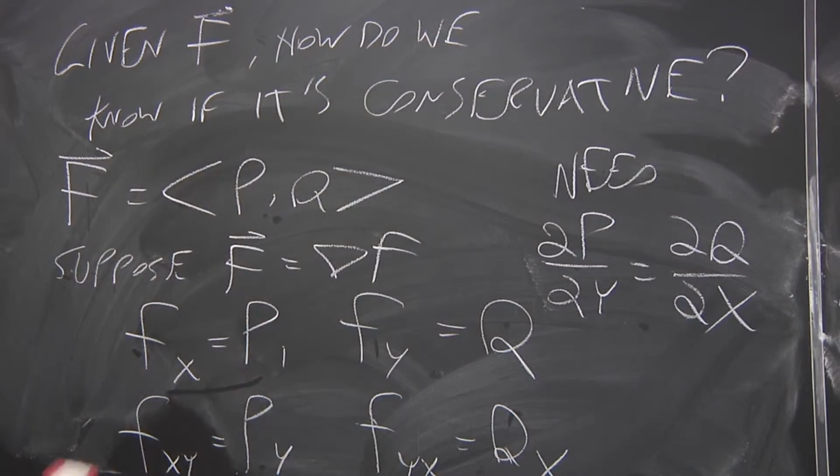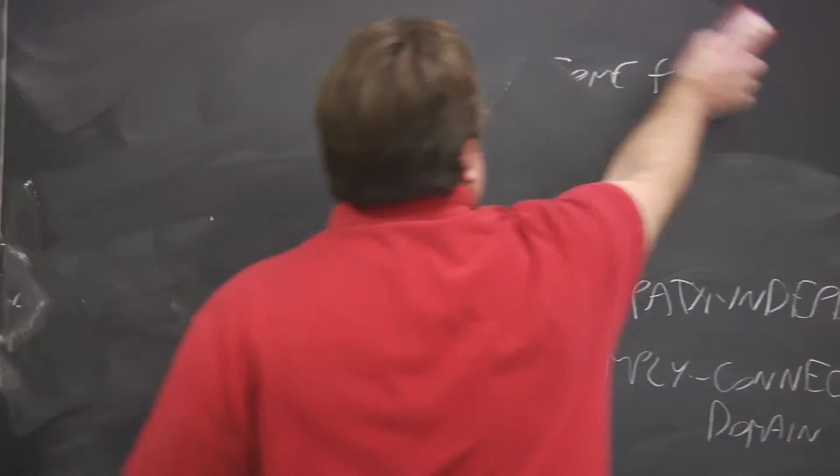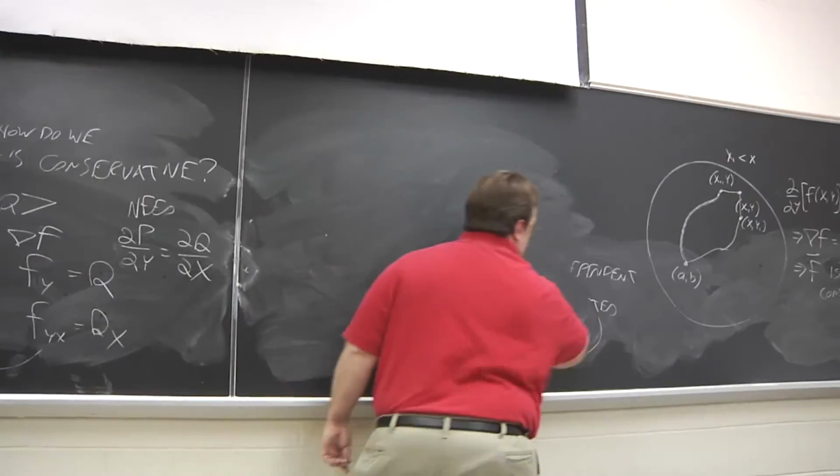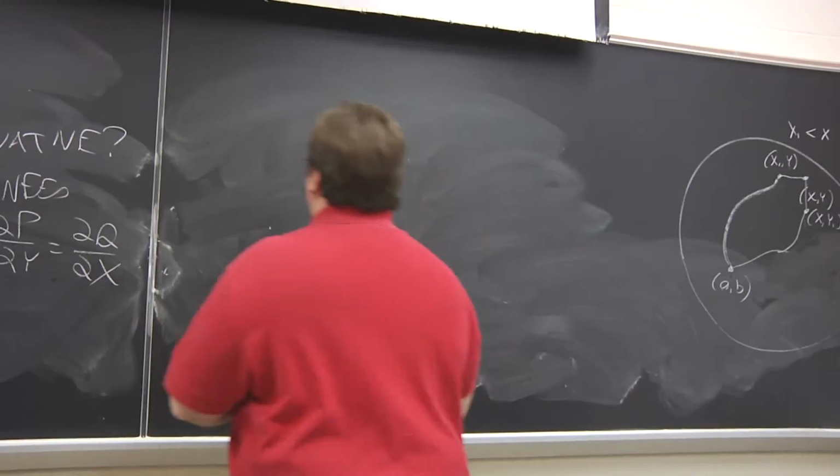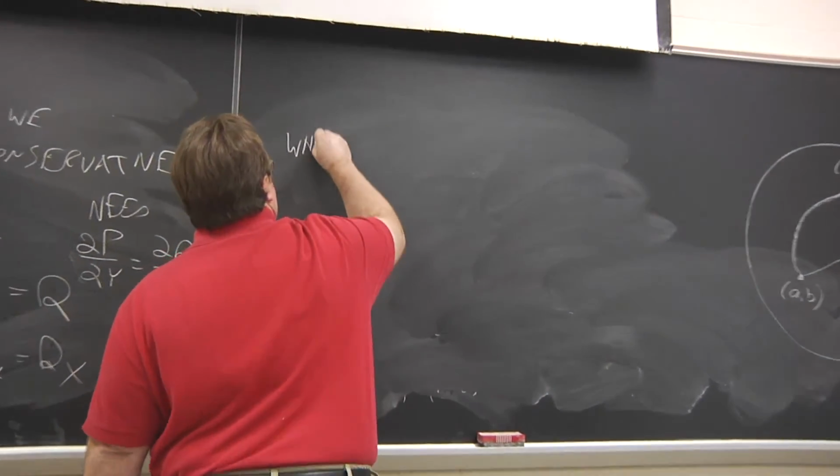But before we take a look at that, what about 3 dimensions? Suppose you have a vector field in 3D space, (P, Q, R). How can you tell if it is conservative?